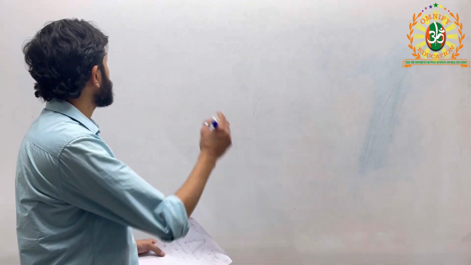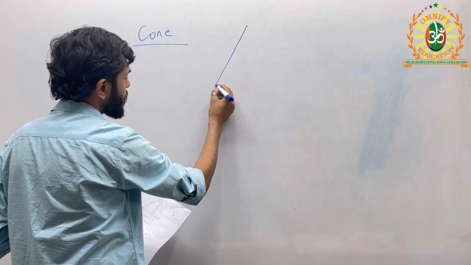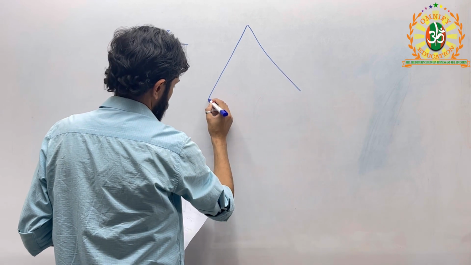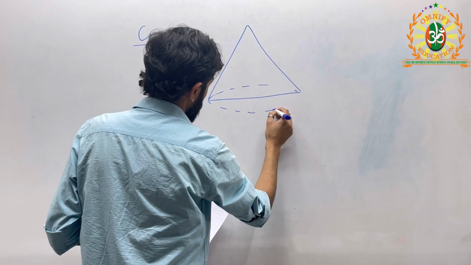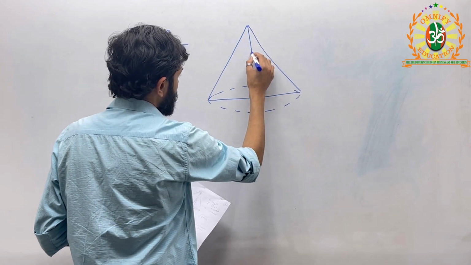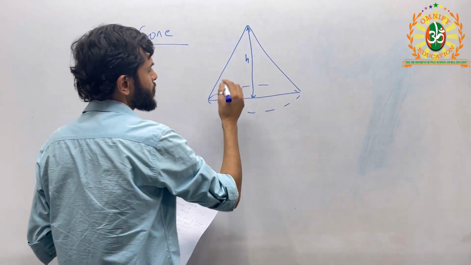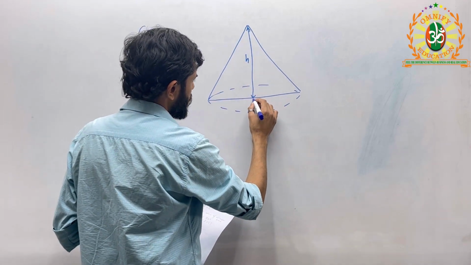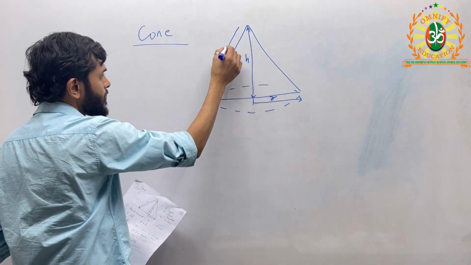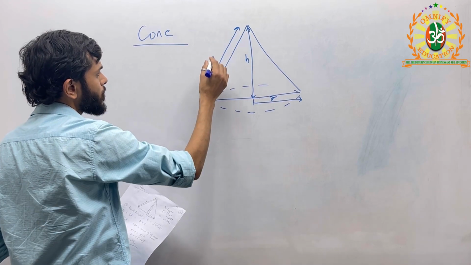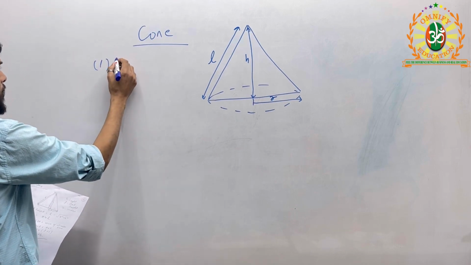Now coming to the shape cone. In a cone, this is the height, this is the radius of the cone denoted by r, and this is the slant height denoted by L. First, slant height.